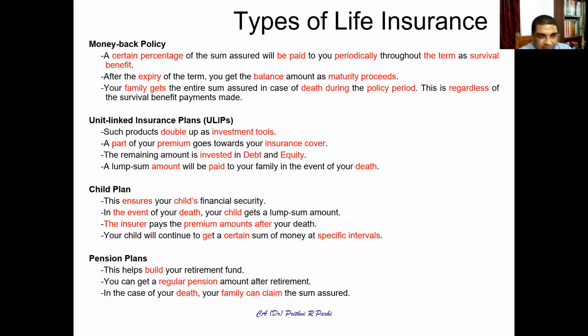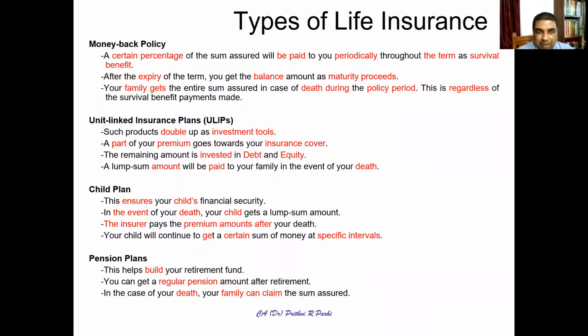Similarly, there is a good plan for pension holders. They can create a retirement fund by taking an insurance policy. They can pay premium, and after the retirement age, they may receive money in the form of pension. One can get a regular pension, or one can get a pension in commuted form also. In case of death, the family member can claim the sum assured.